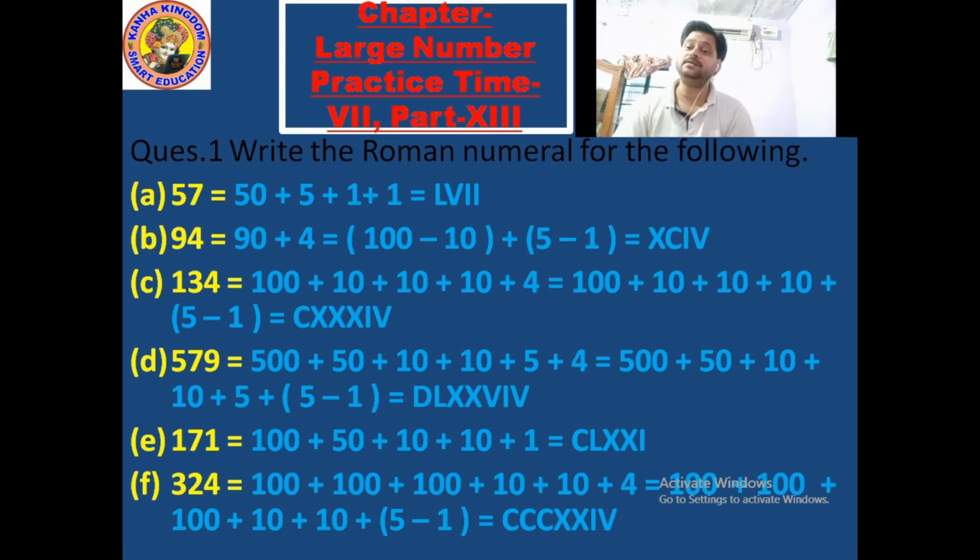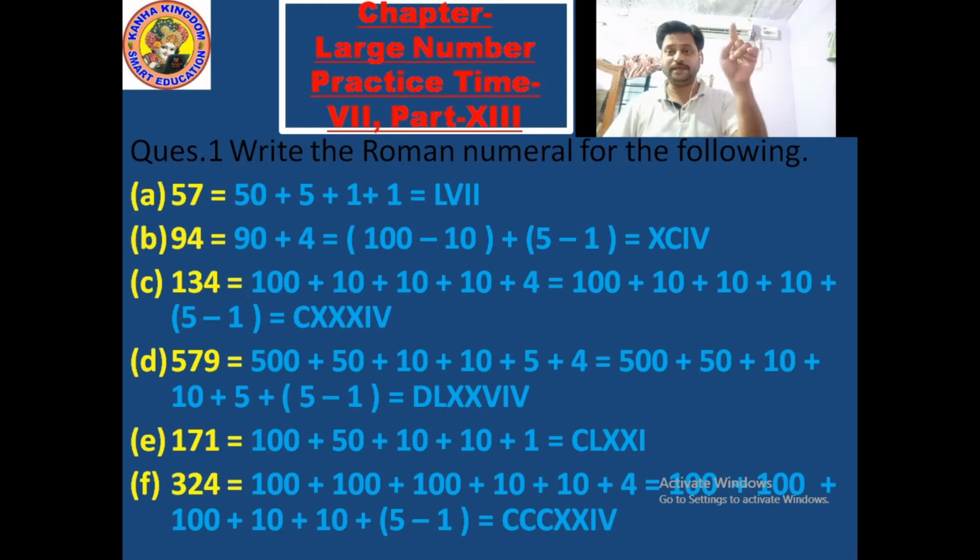How can we write 30? X, means 10 plus 10 plus 10, plus 4. How can we write 4? 1 plus 1 plus 1 plus 1, 4 times 1. And you all know only 3 times you can use any letter, not more than 3 times. So don't use I four times.